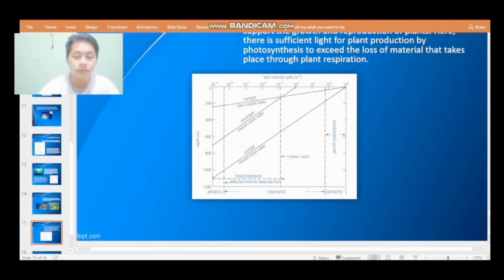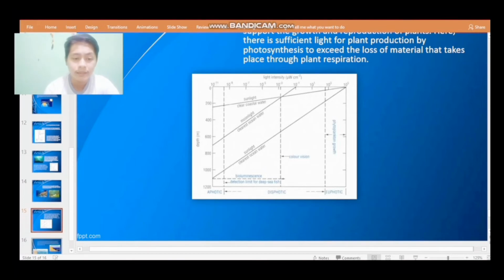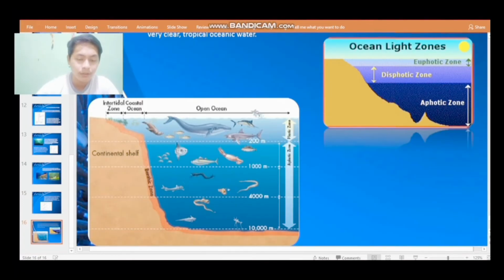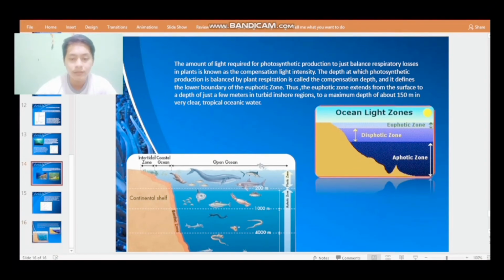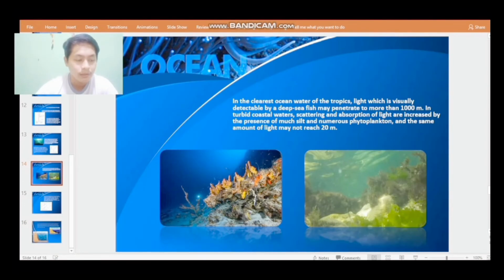Remember that the light intensity scale is logarithmic with depth, so the positions of the vertical broken lines delimiting the three ecological light zones are approximate.